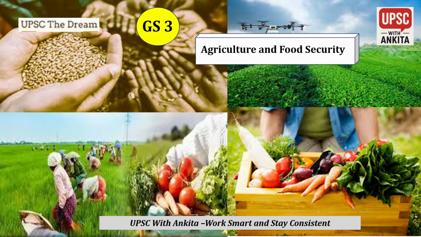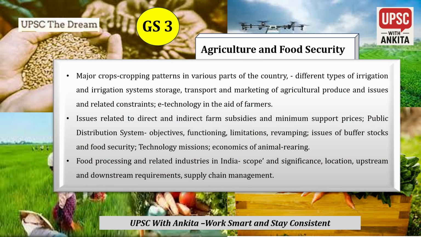Then agriculture and food security. Under agriculture and food security, we should understand the major crops, cropping patterns in various parts of the country, different types of irrigation and irrigation systems, storage, transport, and marketing of agricultural produce, and issues related constraints, e-technology in the aid of farmers.